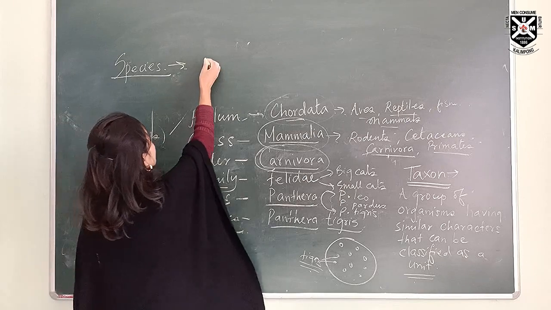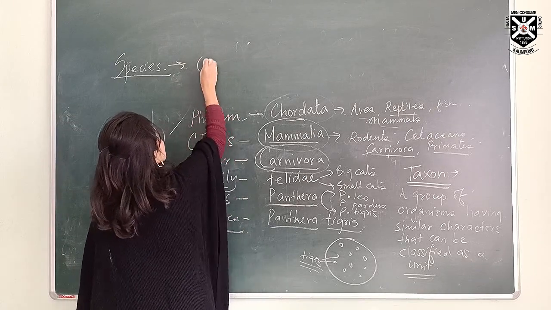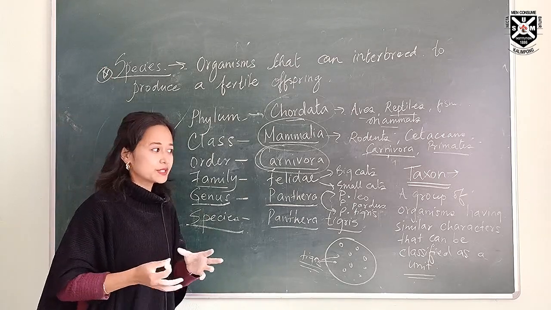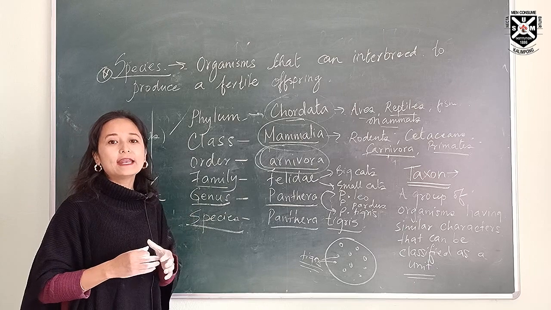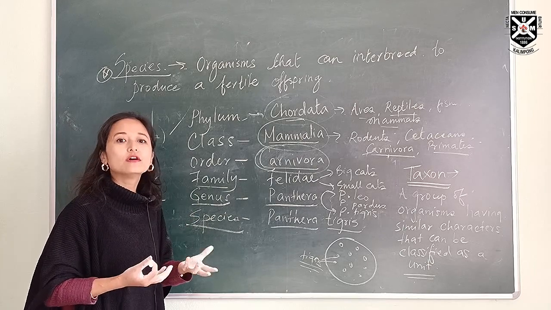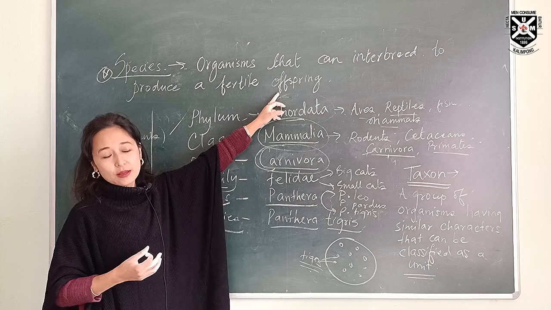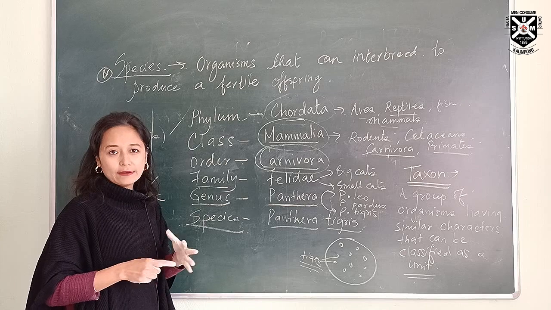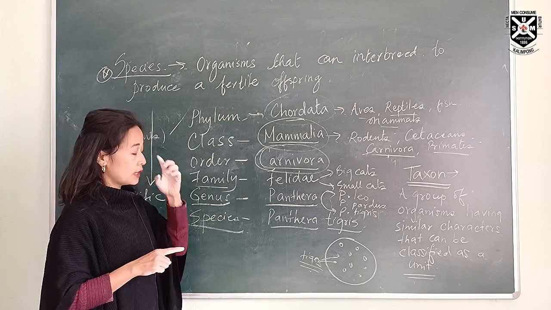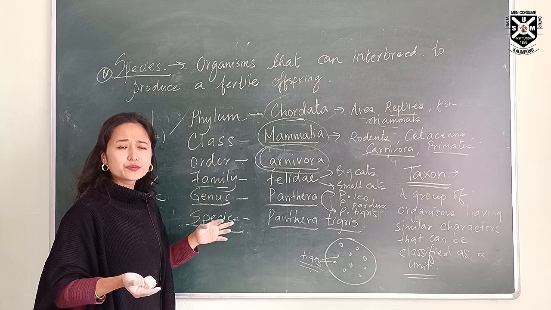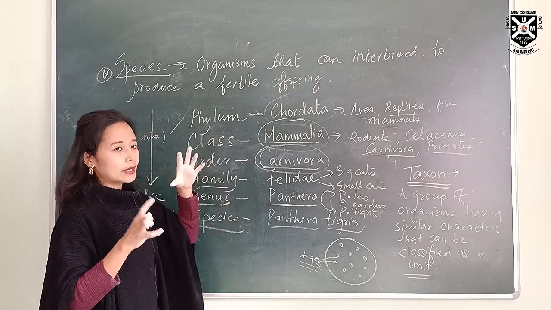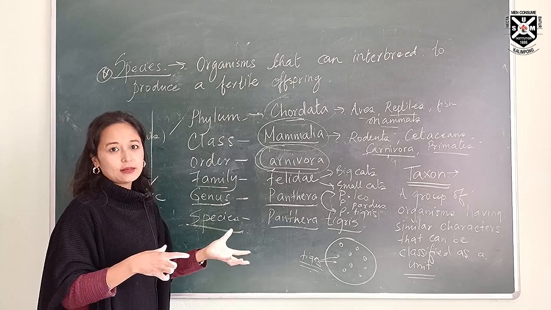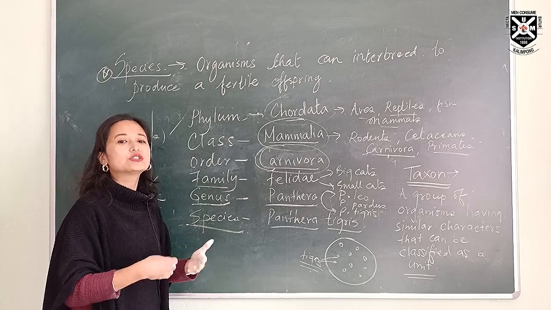So how can we define species? Species are similar organisms that can interbreed amongst themselves to produce fertile offspring. For example, if a horse and a donkey mate, the offspring is a mule. An offspring is formed, but the mule is sterile, which means it will not be able to produce offspring of its own.